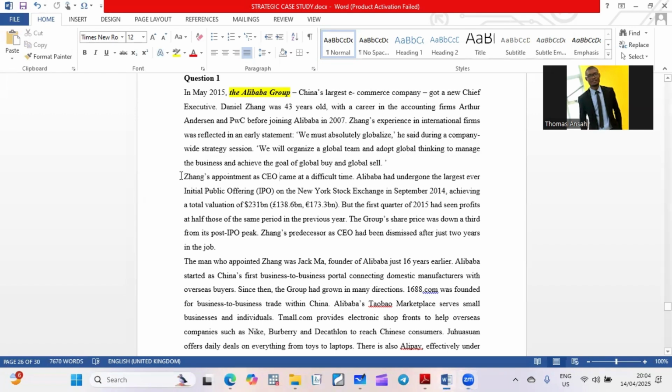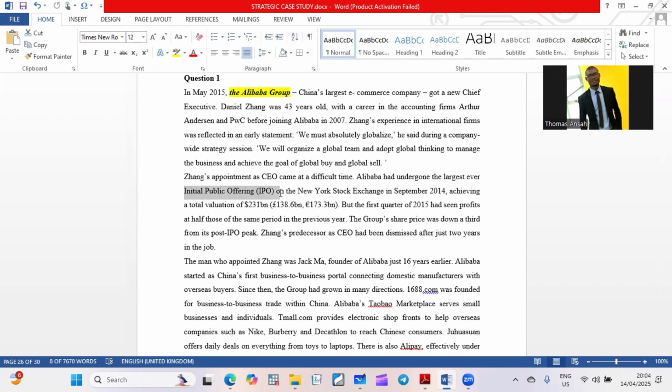It says that Zhang's appointment as CEO came at a difficult time. Alibaba had undergone the largest ever initial public offering, IPO. By now everybody must know what an IPO is. It's just a way of raising funds on the stock exchange market. So that means that it is their first time. All right.